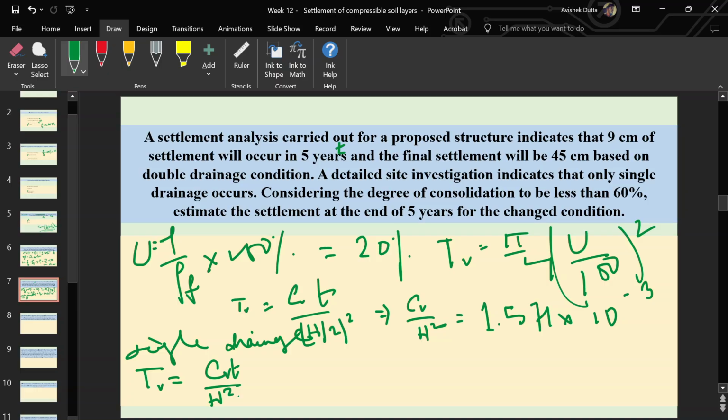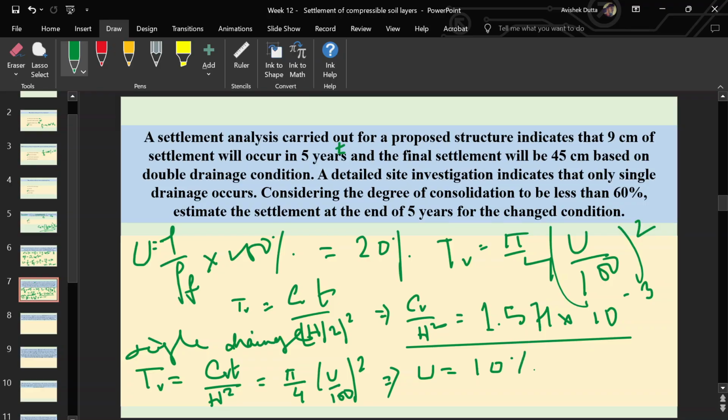CV by H square we already know, time is 5 years, and TV again equals pi by 4 times (U by 100) whole square, isn't it? From here we know T, we know CV by H square. Now, from here find out the value of U. U will be equal to 10 percent.